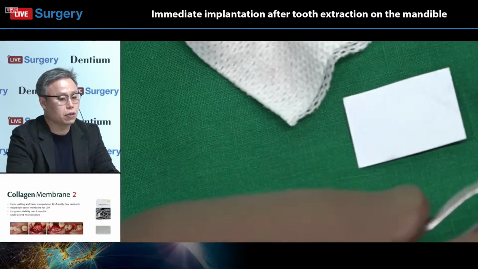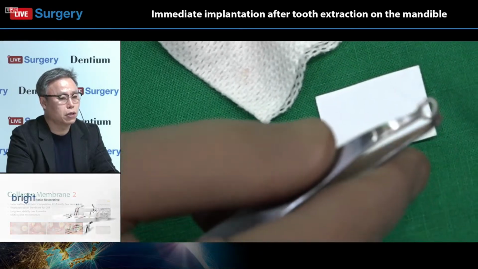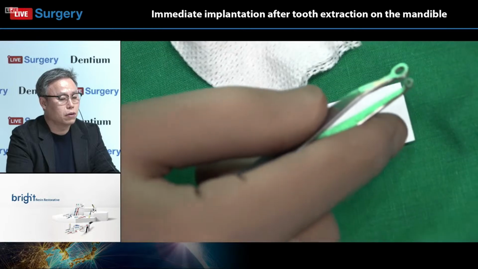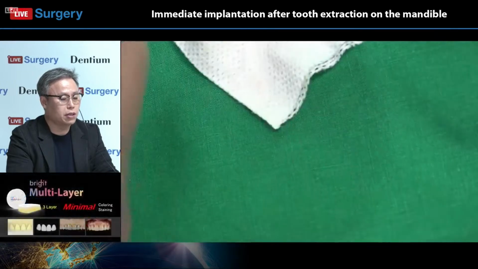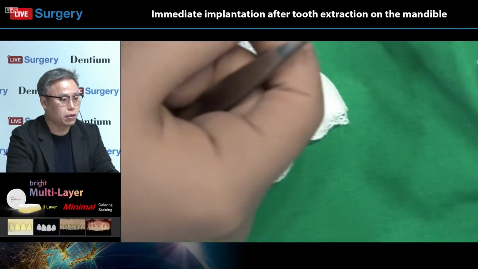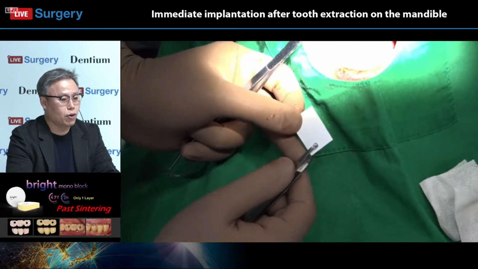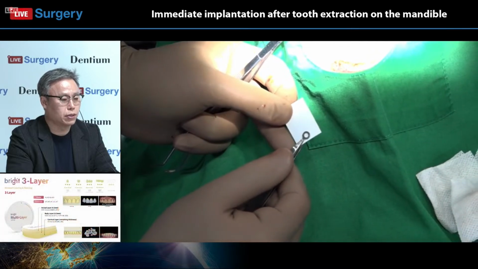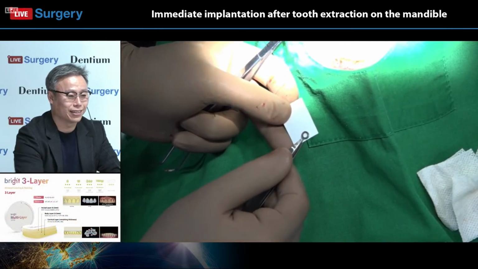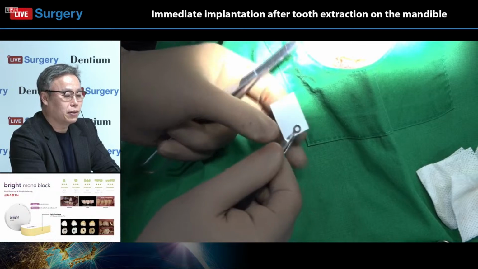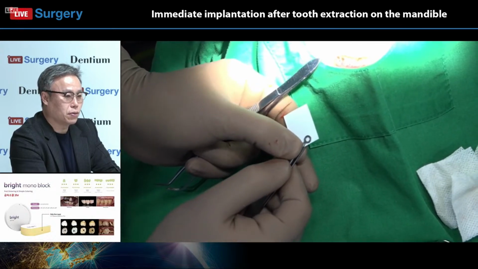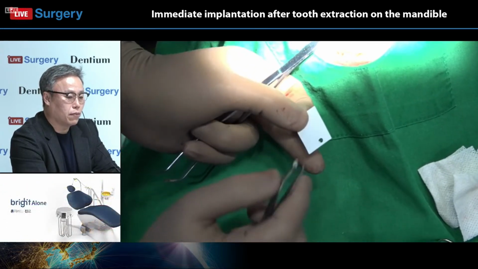And also he is using a membrane punch. I think he developed this device himself. If you want to ask about this instrument, you can send an email to Dr. Lee. He developed this instrument, and it is very convenient to use.